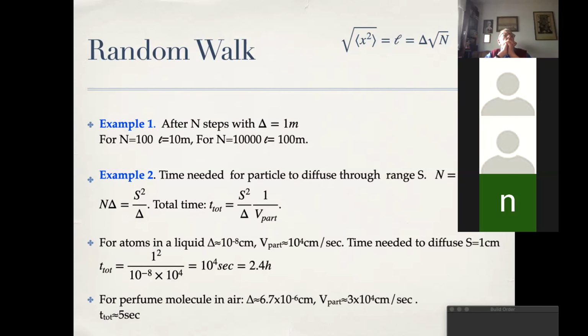So the same time of diffusion is over 5 seconds. That is the time needed for the smell of a perfume to be felt at a distance of 1 centimeter from us. So that is basically what the perfume business is all about.